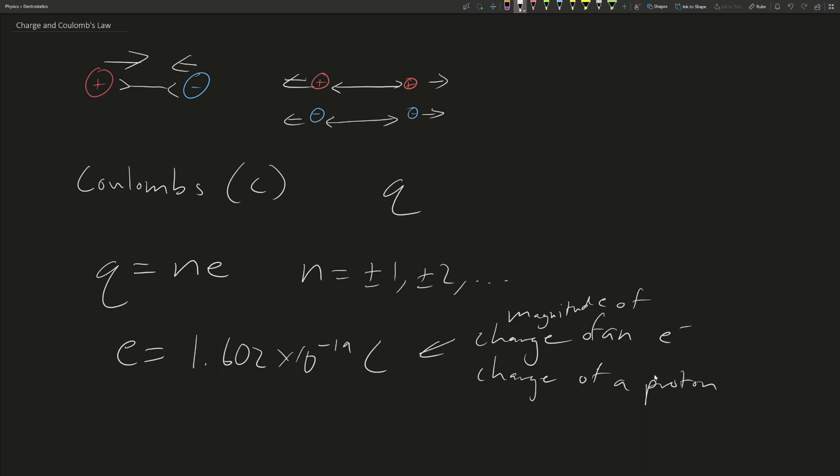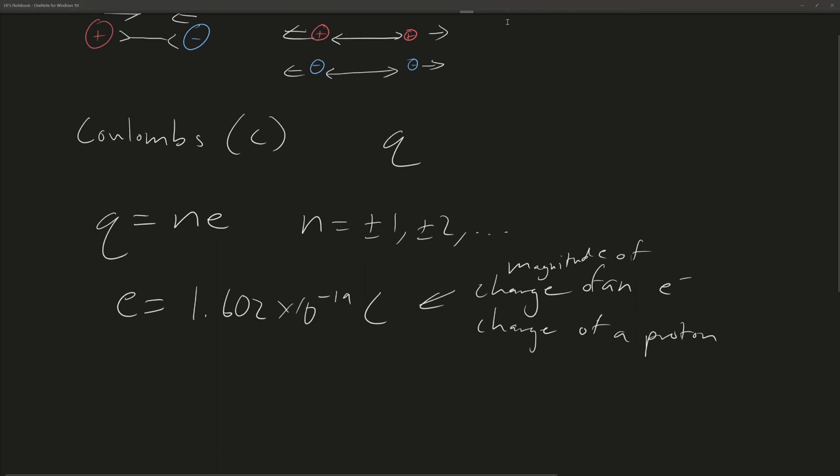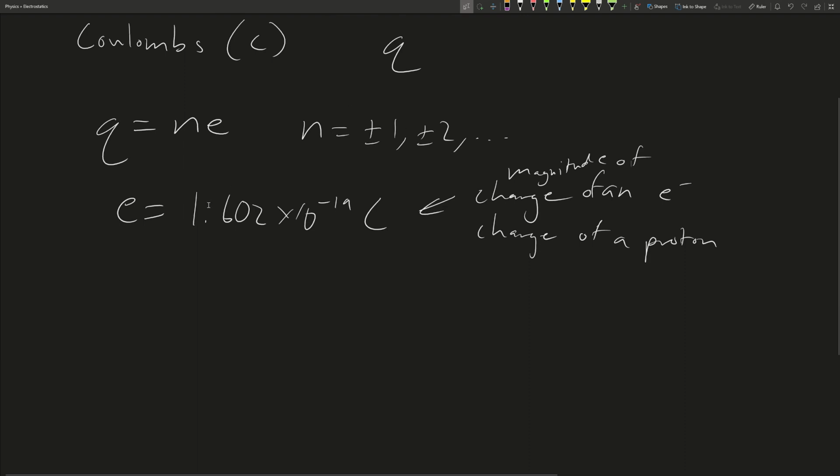And so far, we have not observed anything that has a fractional multiple of the elementary charge. So you can only have integer multiples of charges from electrons and protons. Charges that are fractional multiples of this do not exist in nature.